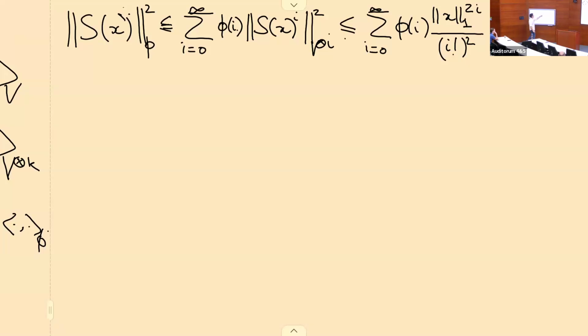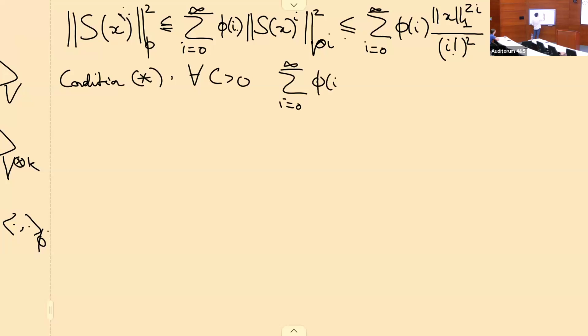Right, and so here, for this right-hand side to be finite, a condition on phi is the following. Let me call this condition star: for any positive constant c, this series is summable, the sum from i equals 0 to infinity of i c to the power i divided by i factorial squared is finite.